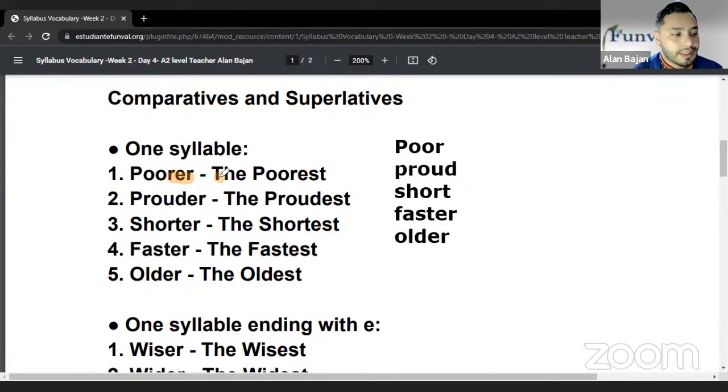And the article the and EST if it's superlative. Proud, prouder, the proudest. Short, shorter, the shortest. Fast, faster, the fastest. Old, older, the oldest.